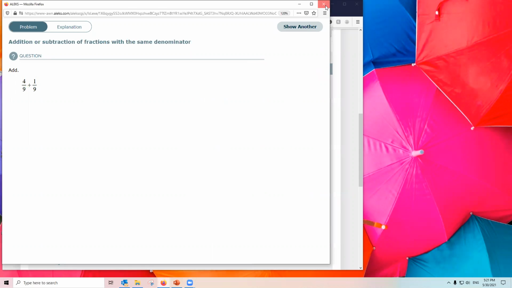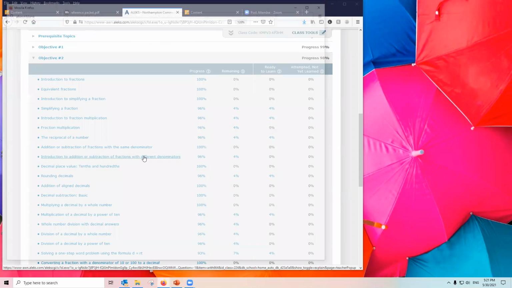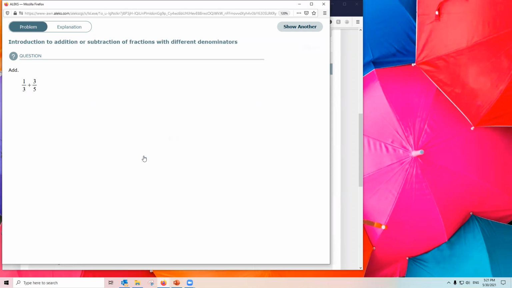All right, but what do you do if the fractions have different denominators? So let's take a look at this one. This one is asking me to add together 1/3 plus 3/5. Well, I can't add these fractions yet because I need to have the same denominator before I can add them.